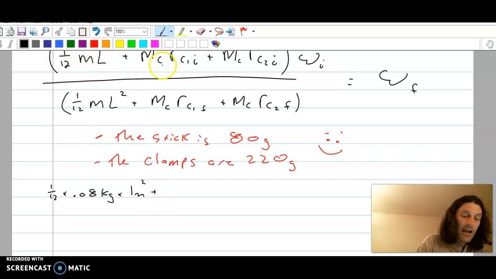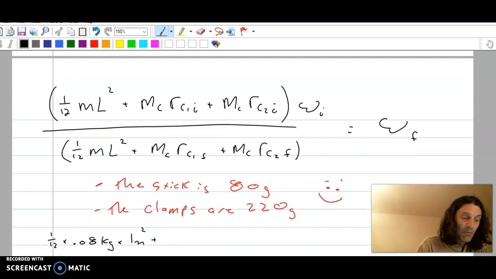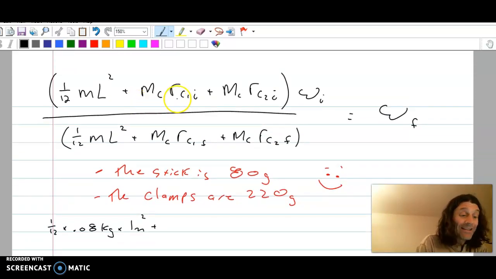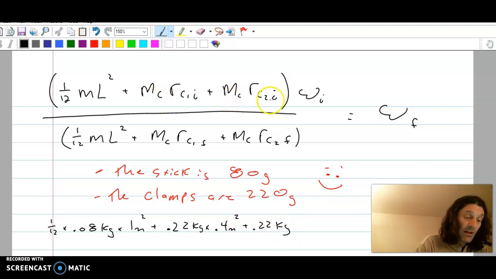To that, I'm going to add the mass of clamp 1, 0.22 kg, times its initial radius, which was 0.4 meters, squared. To that, I'm going to add the same mass, 0.22 kg, because they're the same clamp. It is also 0.4 meters away, squared.